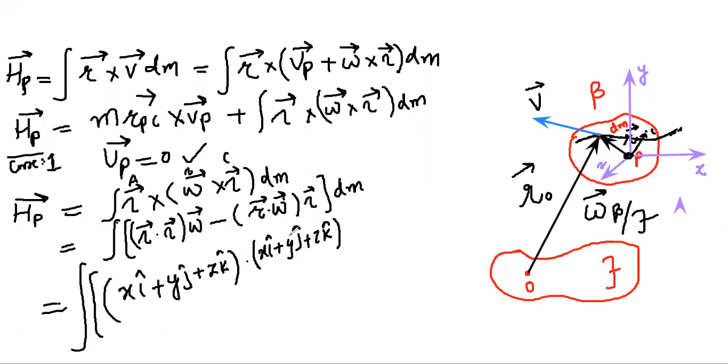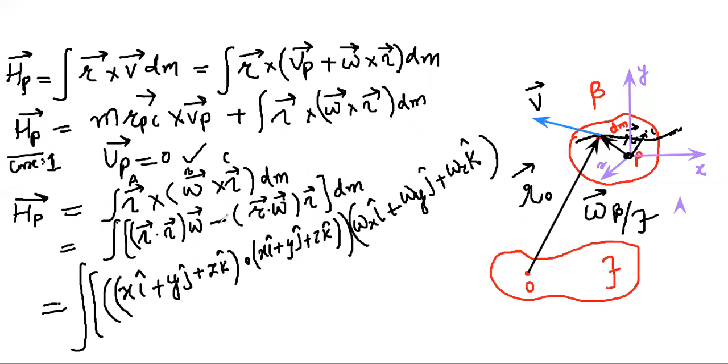I need to place one more bracket here, and this is multiplied by omega. Omega has three components: omega x i cap plus omega y j cap plus omega z k cap.